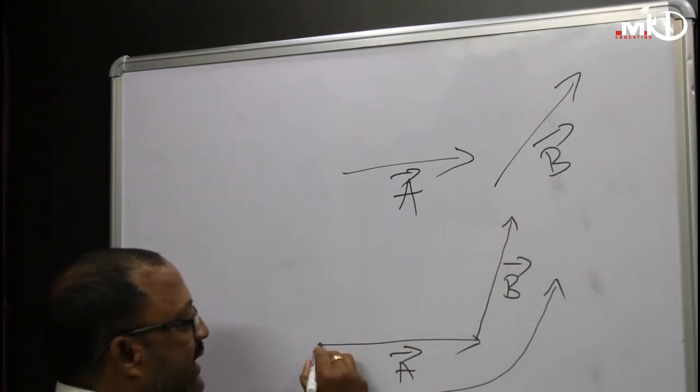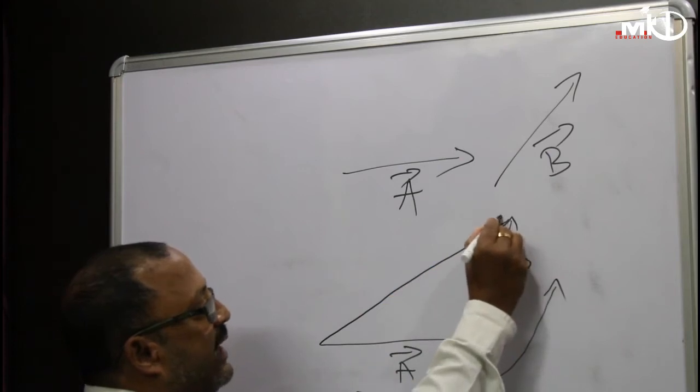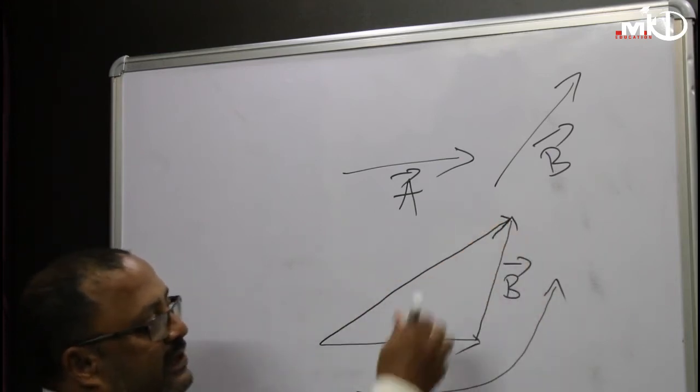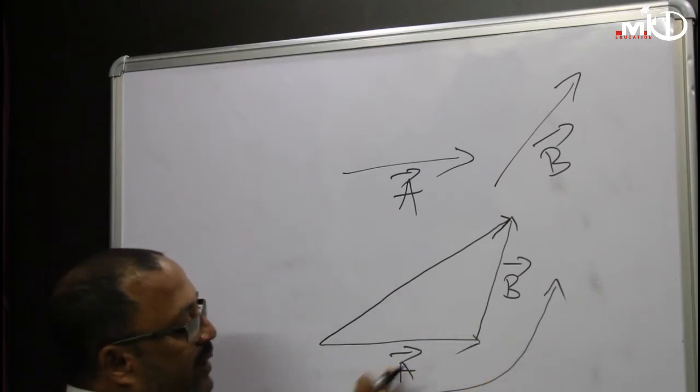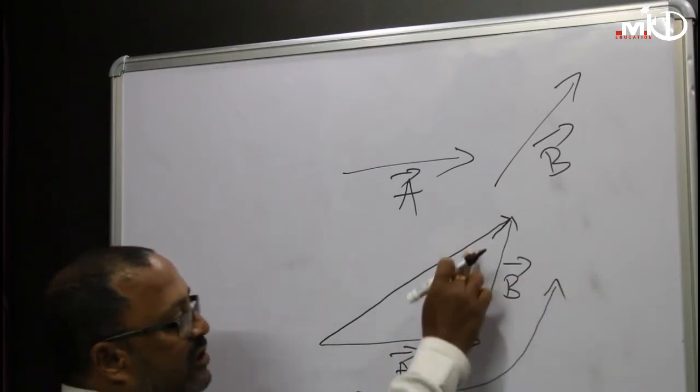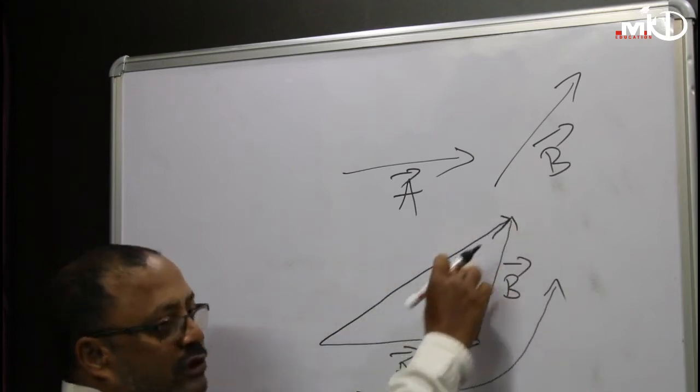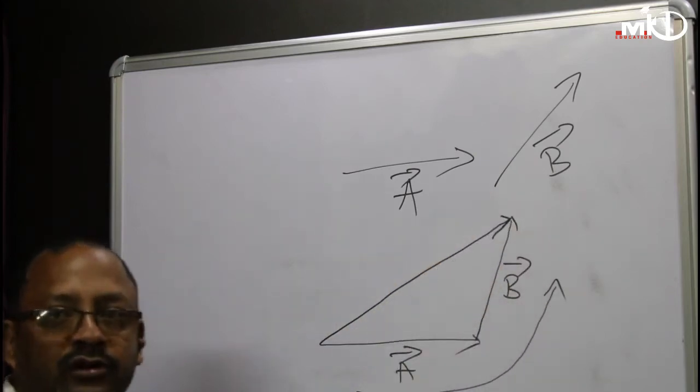Then the third side, or closing side, of the triangle is taken in opposite order. Please mark this arrow mark. I am going initially from A to B in this direction, and the third side I am putting in the opposite direction. That is called opposite order.